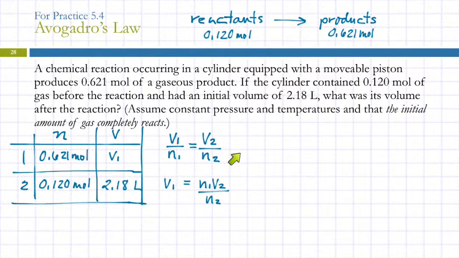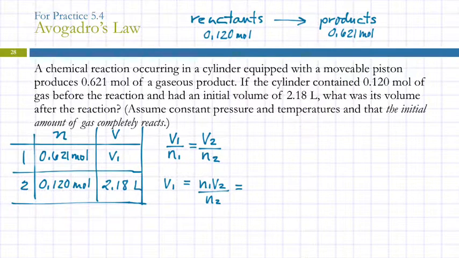Another way to look at these is I can take something from the bottom on this side and just move it to the top on the other side. That's all I did when I rearranged this. I took N1 from the bottom and moved it over. If you move it to the other side, it has to go on the opposite side of the line. If I wanted to move V2, it would have to come down. If that doesn't make sense, cross multiply and then rearrange.